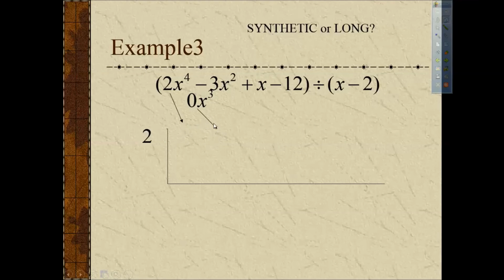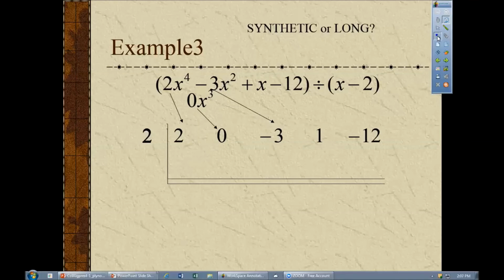So we're going to need a 0 placeholder right here for x cubed. After that 0 placeholder, then we can put the coefficient for x squared as a -3 and the coefficient of 1 for x and the constant -12.